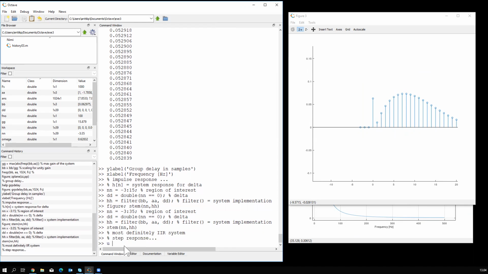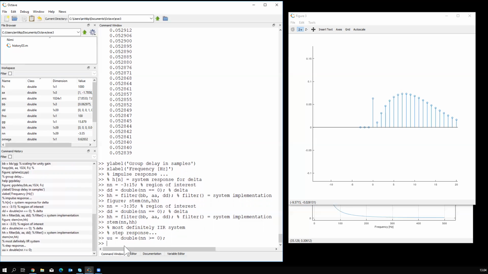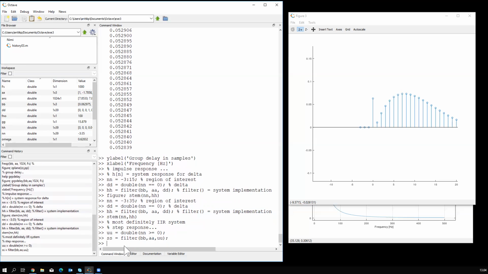The step function is simply ones for n greater than or equal to 0. And then h is not used anymore; usually the step function is marked as s. New figure.